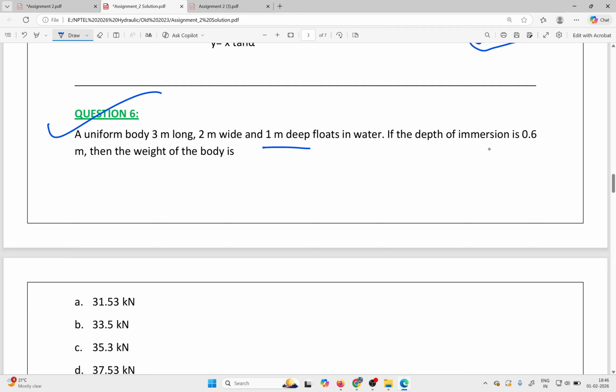The depth of immersion is 0.6 meter, then the weight of the body. You have to apply here the Archimedes principle. The options given are very close, here you can see 31.5, so you have to be precise with your calculation.